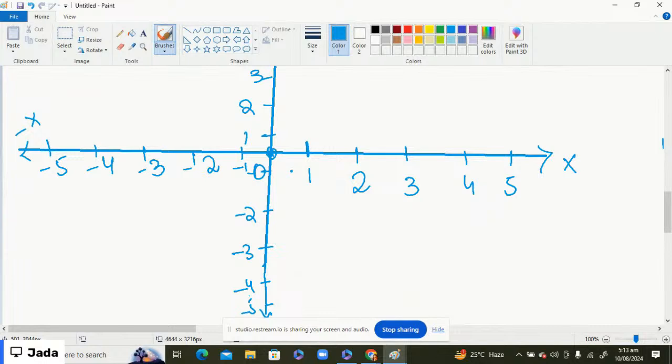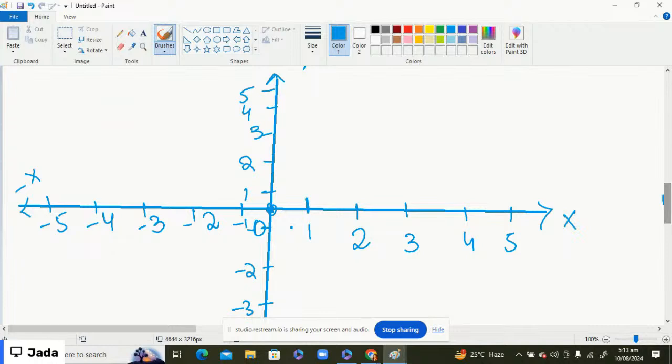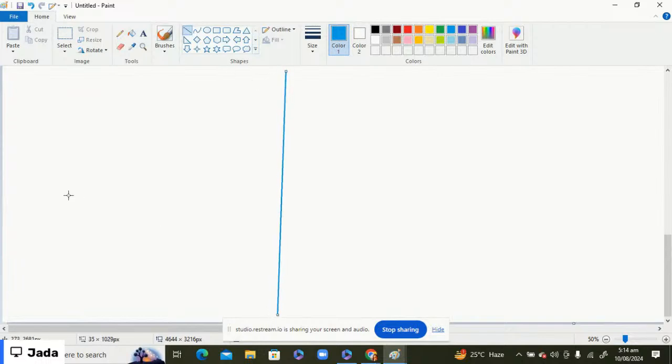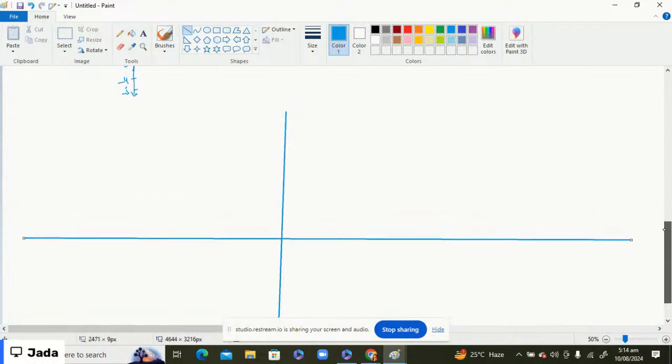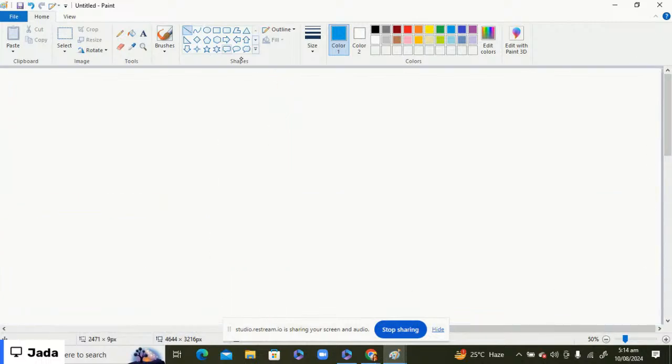Understand, like for example, when we draw some points over there on the graph. Let me draw a proper graph here, because it will help us in the proper way.